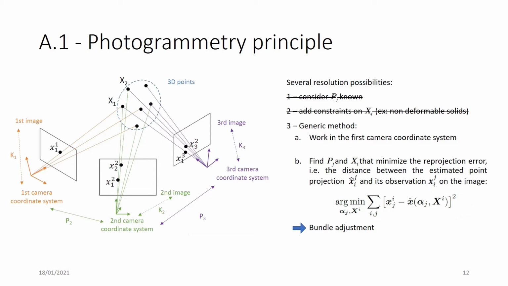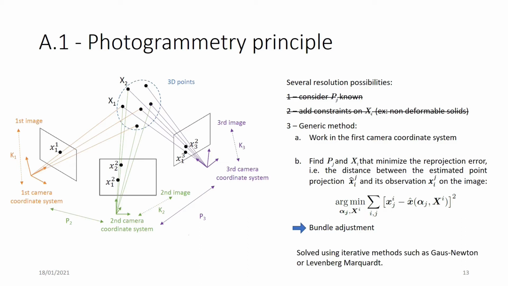So to be clear, if you estimate the 3D position of x2 here with some error, when you reproject the point onto the 2D image, you will find an estimated projection with some error with respect to the observation here that we will try to minimize. This is called the bundle adjustment.